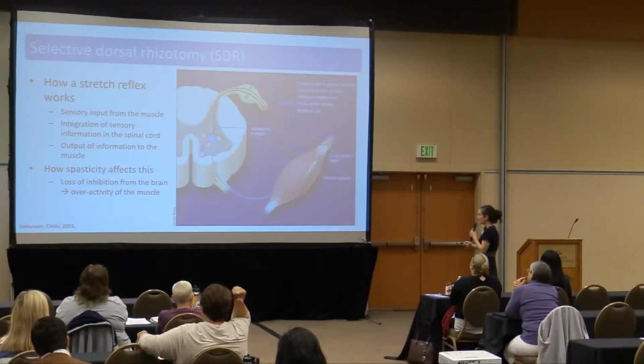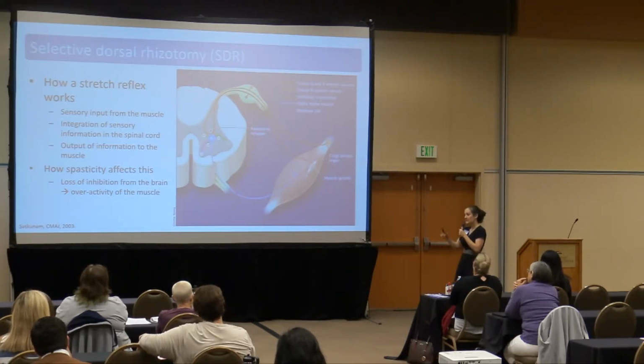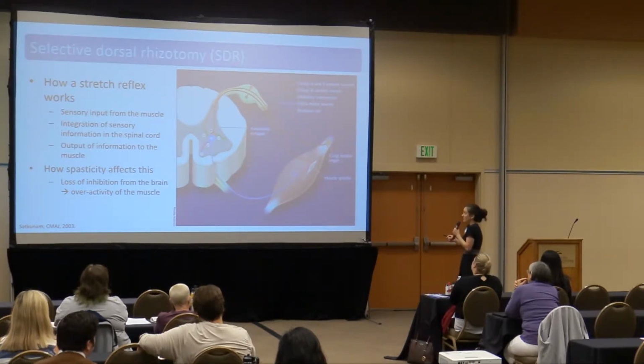So with spasticity, first of all, there's a loss of descending inhibition, right? So basically, this information coming down from the brain that's telling this interneuron, oh, hey, don't worry about that stretch reflex, you don't have to get all tight, telling the muscle that, is lost. So what happens in spasticity is this response is heightened, and the muscle is overactive.